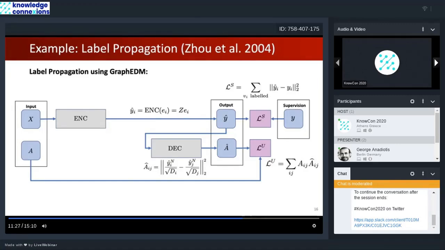The unsupervised regularization loss compares these distances to the true graph adjacency matrix. Minimizing this graph regularization term will encourage adjacent nodes to have their labels close in the embedding space. We can show that minimizing the sum of the supervised and unsupervised losses recovers the iterative solution from the previous slide.